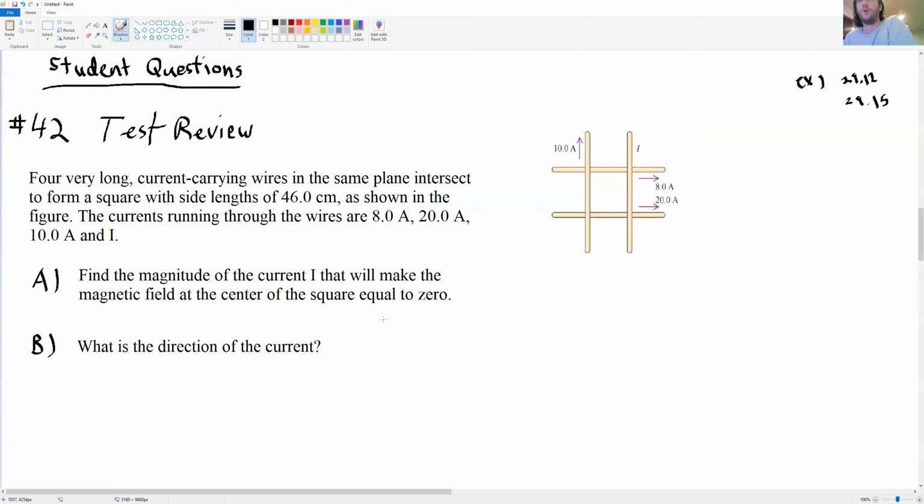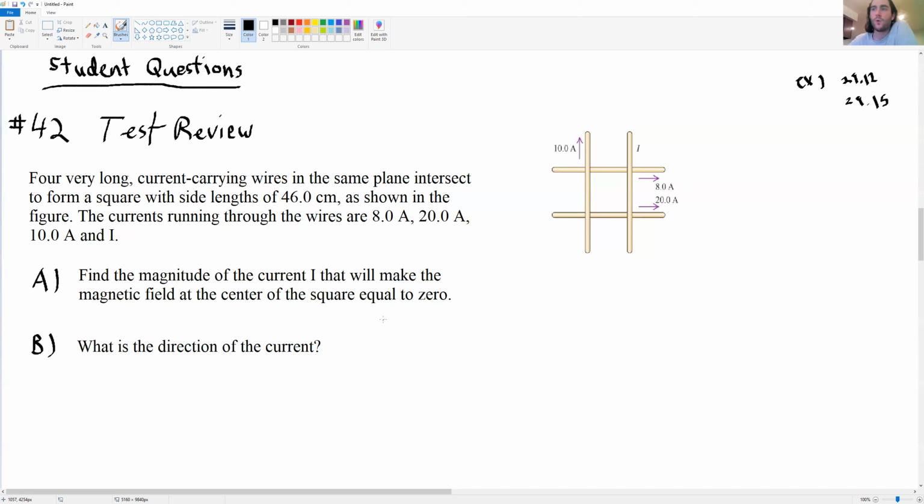Okay, let's take a look at how we would approach problem A. We're looking for the magnitude of the current that will make the magnetic field at the center of the square equal to 0. So that implies that we can calculate what the magnetic field is at the center using the given information.